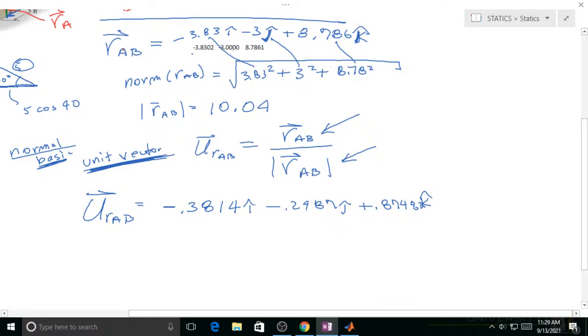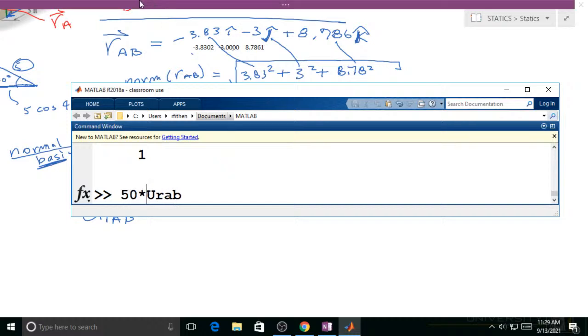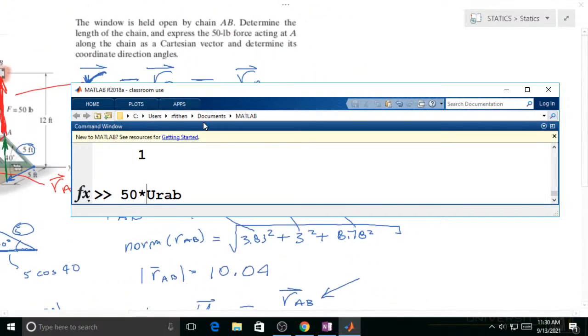If you want to find that 50 pounds, all you do is take the U_RAB and multiply it by 50, because I think it was 50 pounds. Yeah, it says 50 right there. I need to call it something, so I'm going to call it F resultant. So this is what I get.